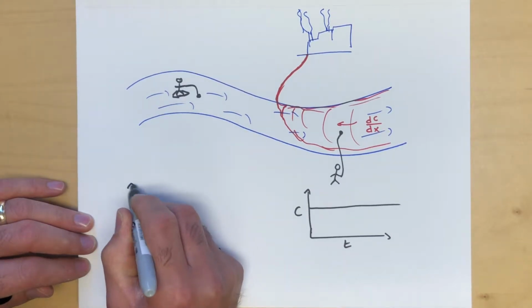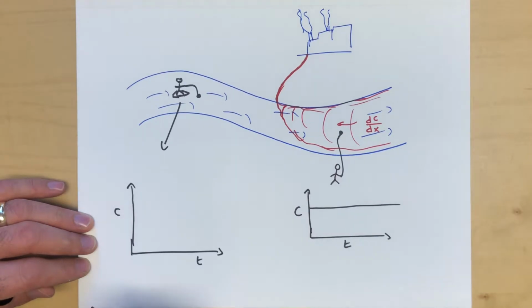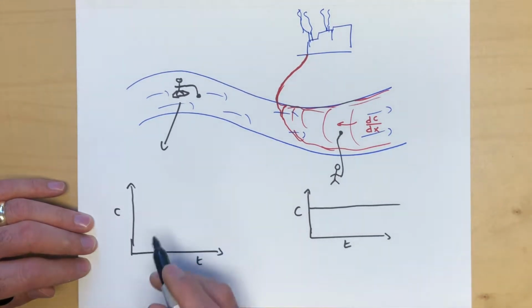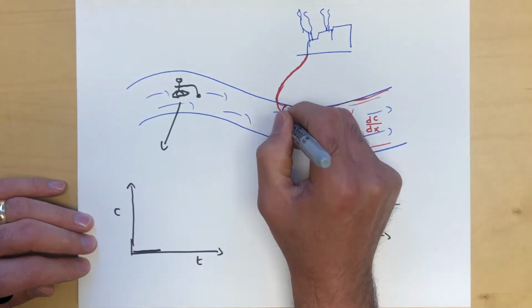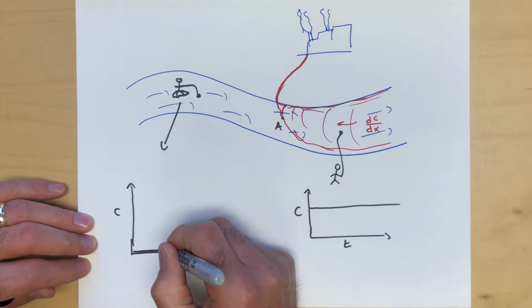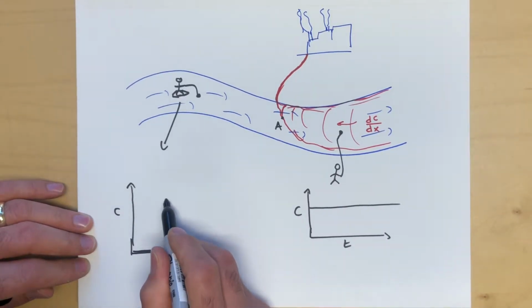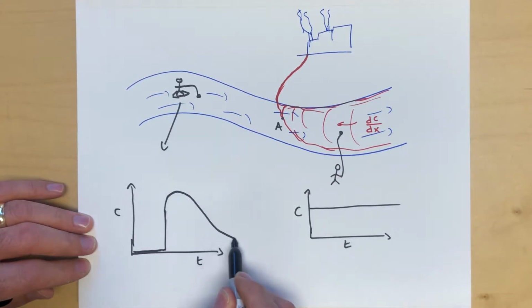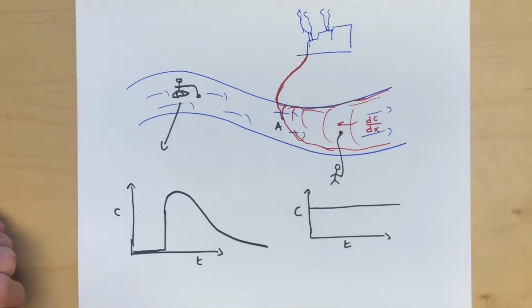Over time, from the perspective of the student on the boat, initially they're not going to measure anything until they hit, let's say, this point A over here, and then bam, they get a spike in concentration, and then it goes down like this because there is a concentration gradient in space.